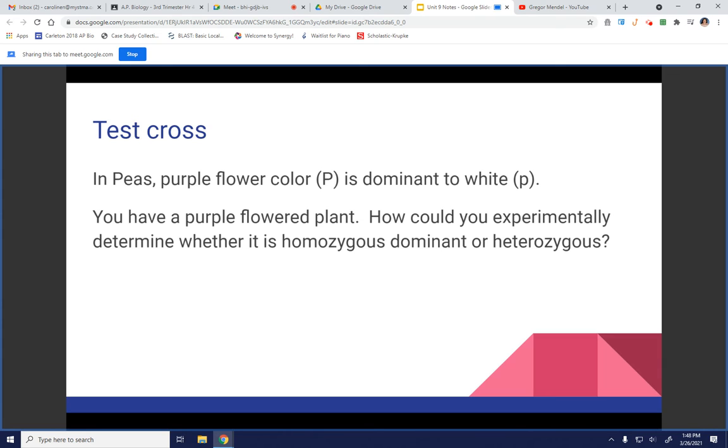You want to find out whether it is homozygous dominant or heterozygous, right? Because both of those would give it purple color. You do not have a DNA sequencer where you can actually go through and read the bases. How could you figure out the genotype of this plant? Turn and talk about that for just a minute.